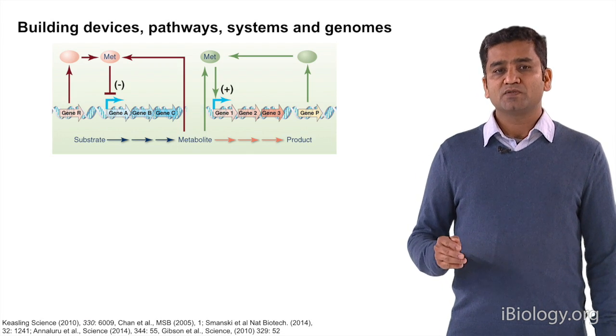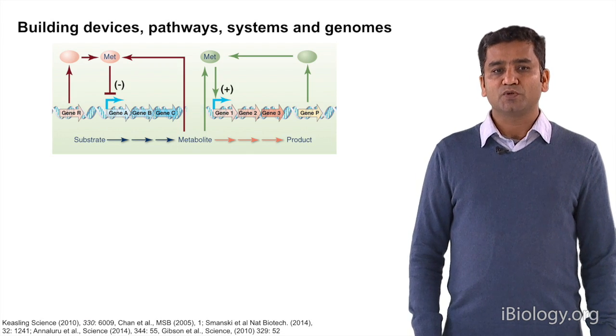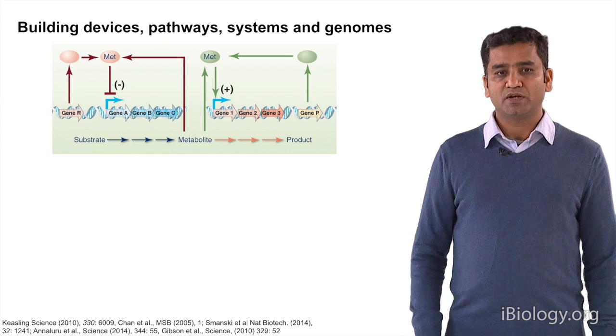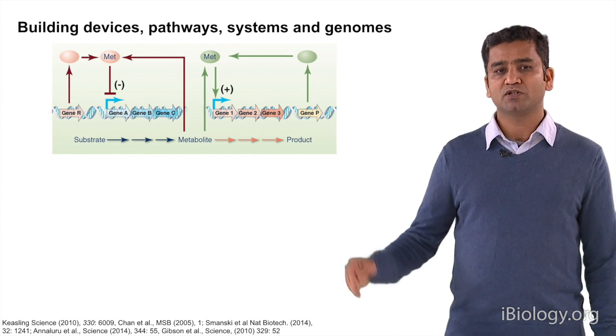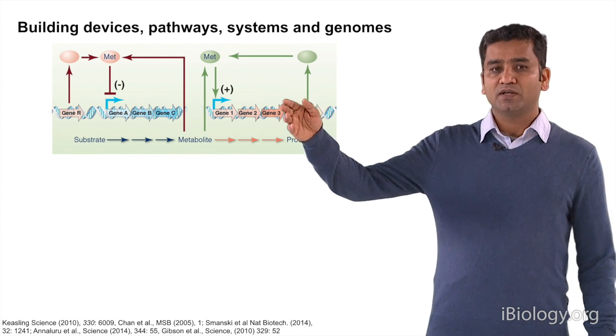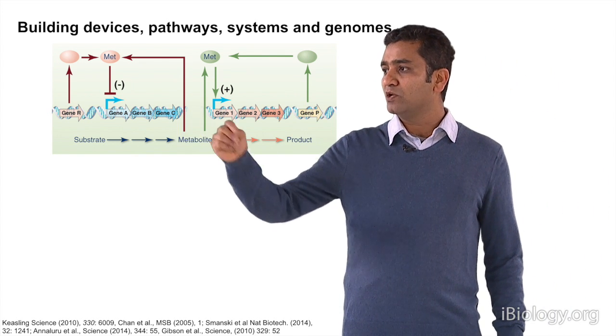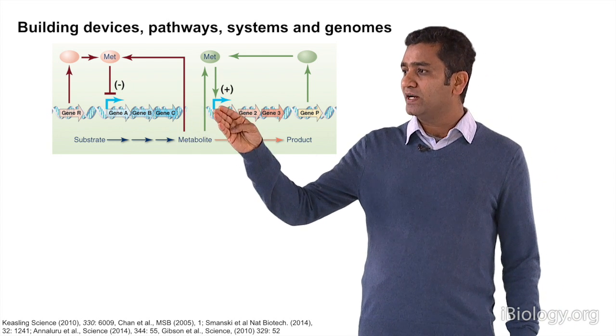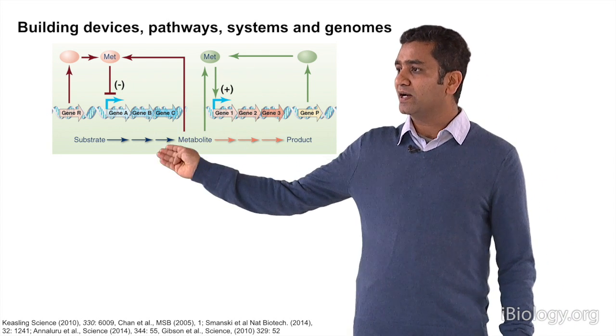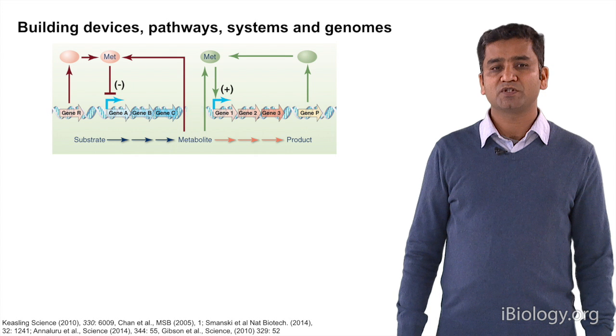Now, over the years, people have developed sophisticated genetic circuits. This is a dynamic feedback regulation where a particular substrate is producing a metabolite which is toxic to the cell, producing the product. So the metabolite can be used for giving feedback to the upstream pathway.